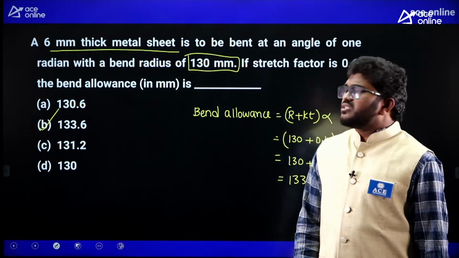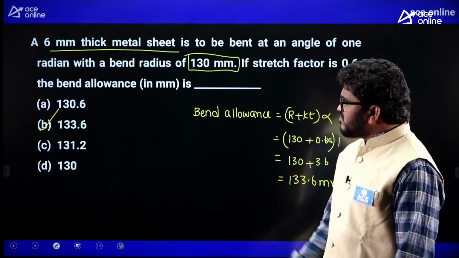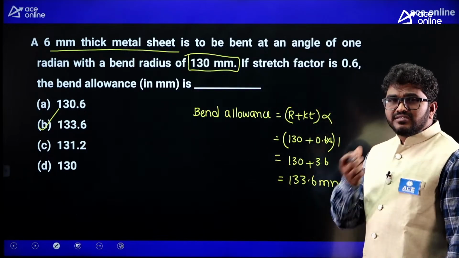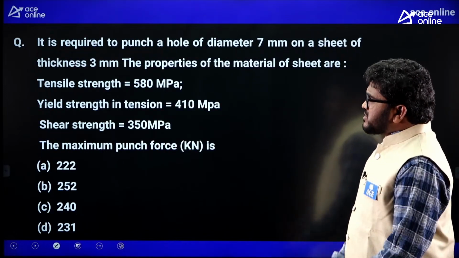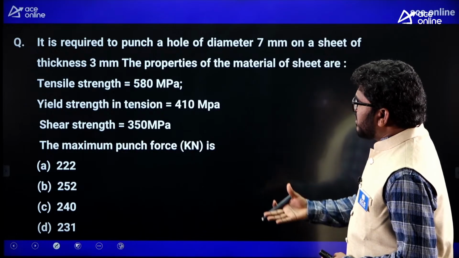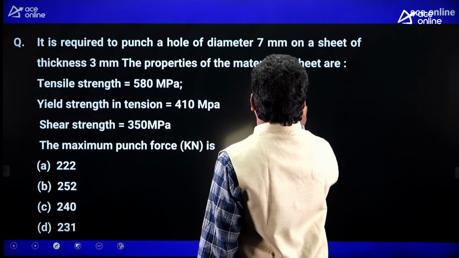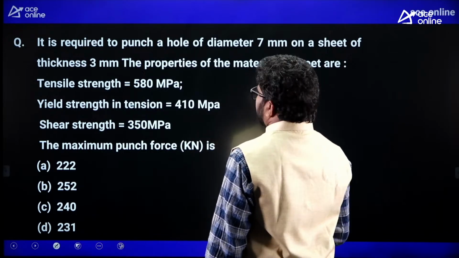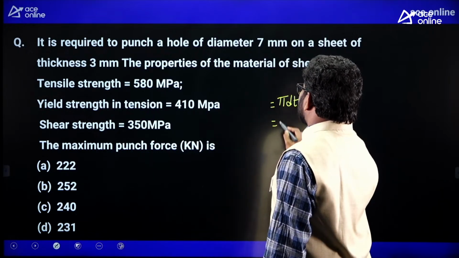These types of basic standard bend allowance questions they will ask you. Next, the same formula, I am not explaining: maximum punching force equals pi d t tau u. I am not going to discuss it here because I already discussed so many questions.